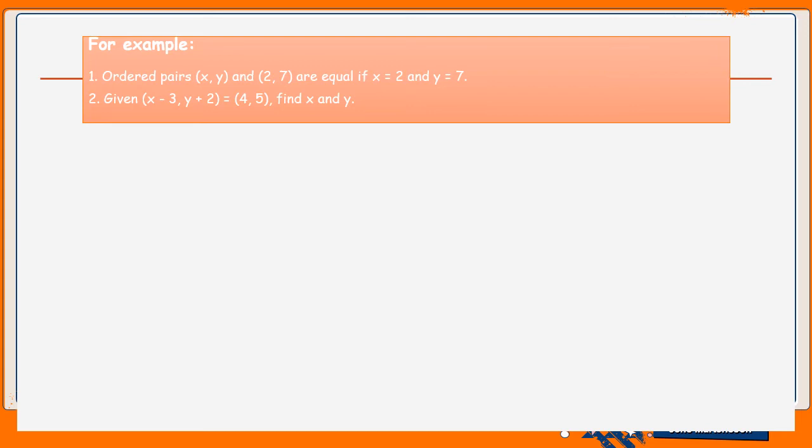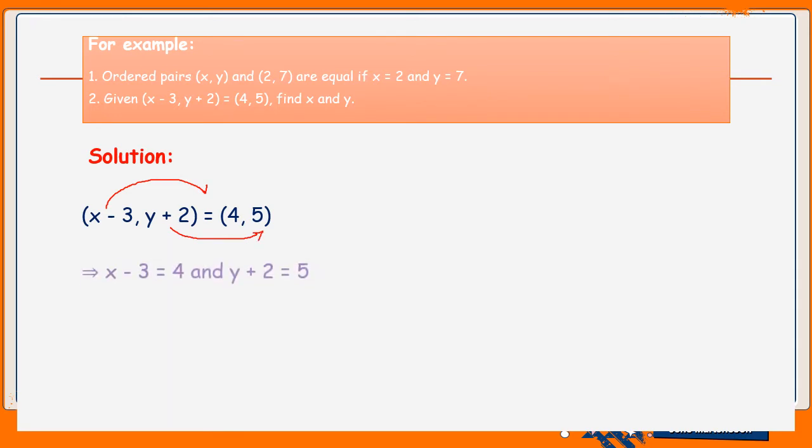Find x and y. So x minus 3 equals the first projection 4, and y plus 2 equals 5.